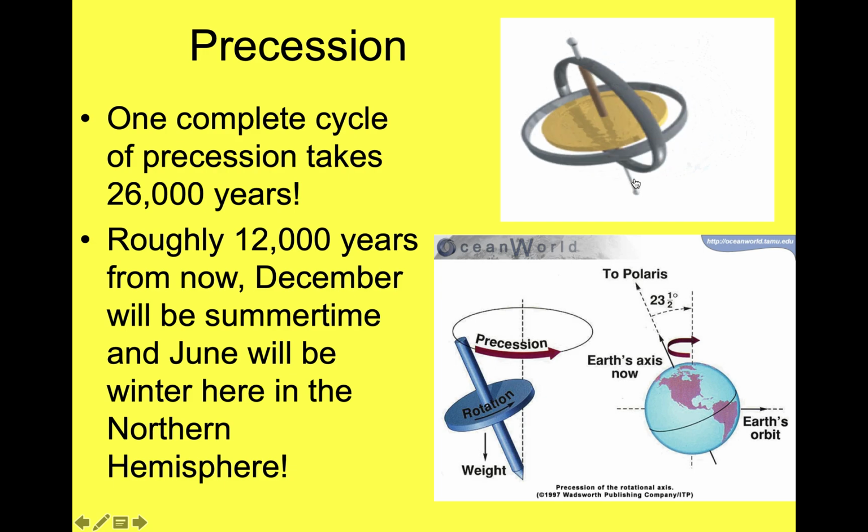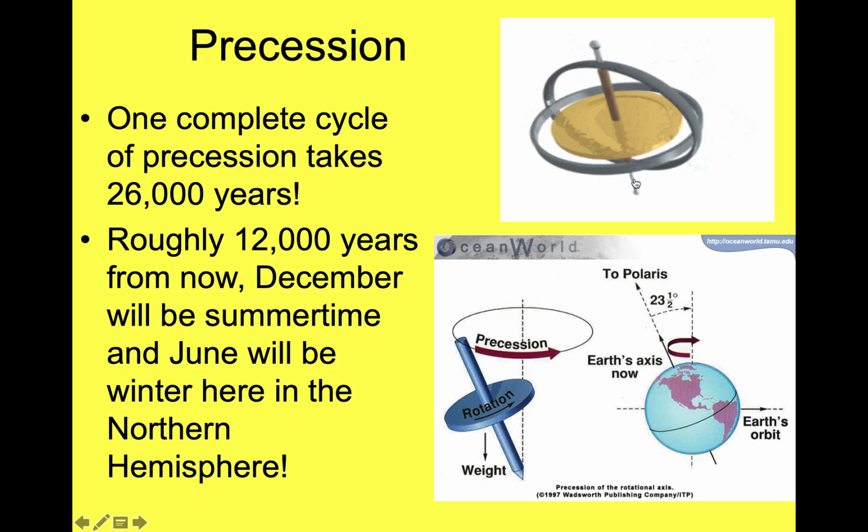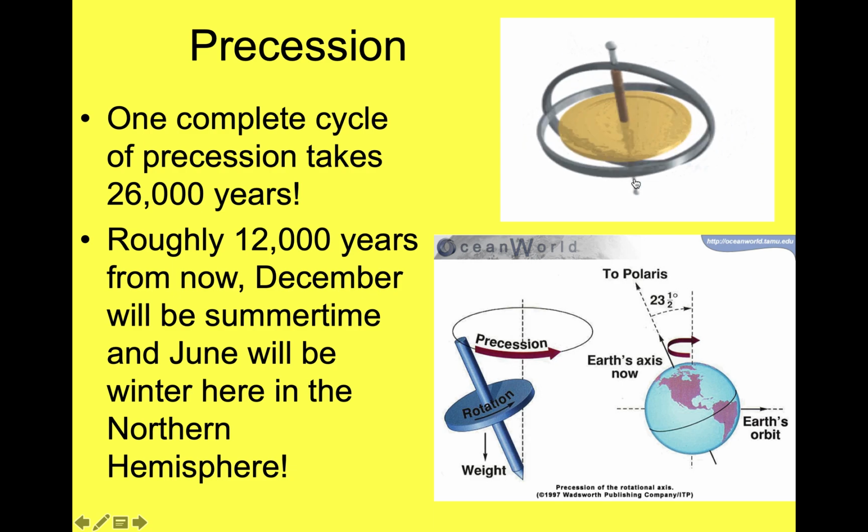What is significant about precession? Roughly 12,000 years from now, which is halfway through this precessional cycle, it'll make the time that the seasons occur for each hemisphere change. So 12,000 years from now, if human beings are still lucky enough to be alive, our descendants here in the northern hemisphere will experience summertime in December and wintertime in June.